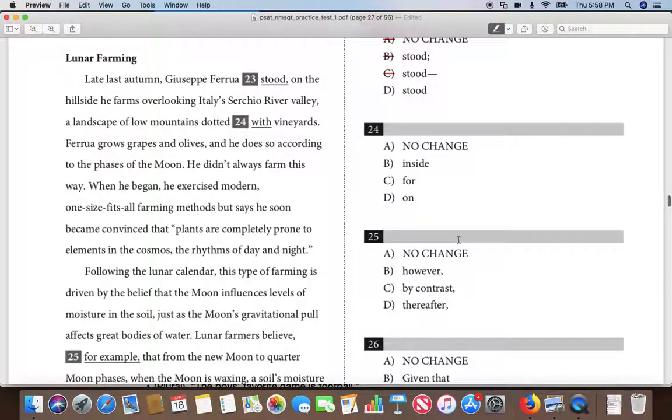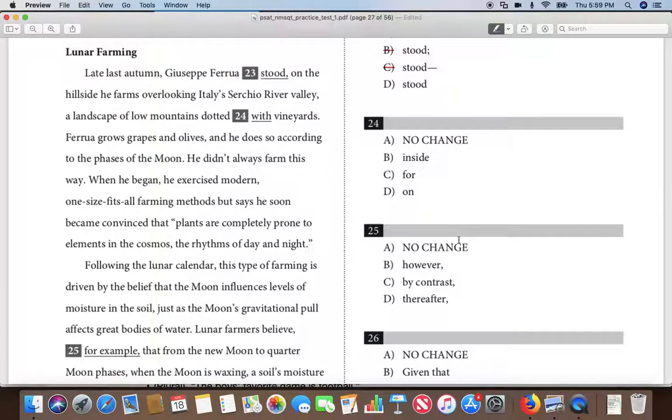Because you read that, go ahead and do 24 as well. Let's do 24, Caroline. Okay. Just take it from a landscape. Okay. A landscape of low mountains dotted with vineyards. That sounds fine. Yeah. Do you want to try plugging in the other answer choices?